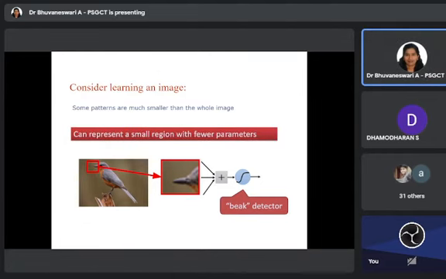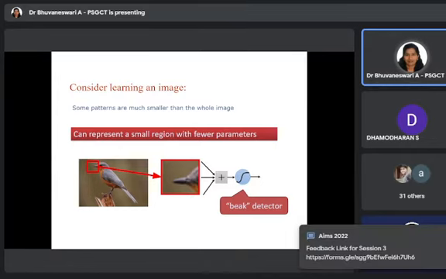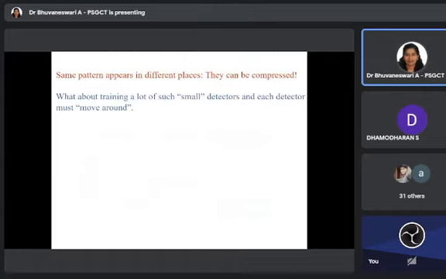So from the small portion of the image that is extracted, we can use only fewer parameters. The bigger image will have more parameters, however the smaller image will have few parameters. So this same pattern appears in different places and they can be compressed.